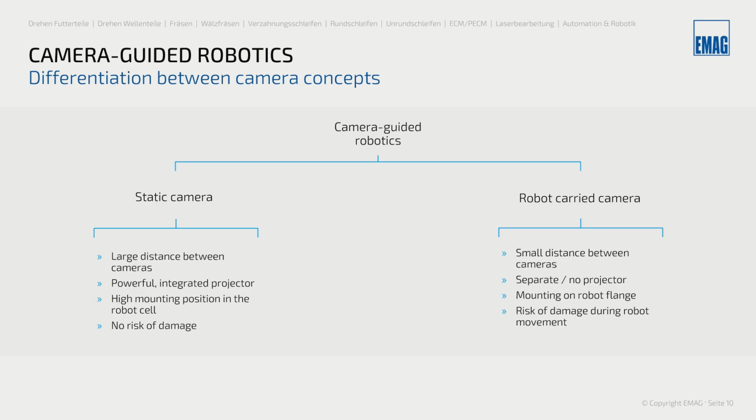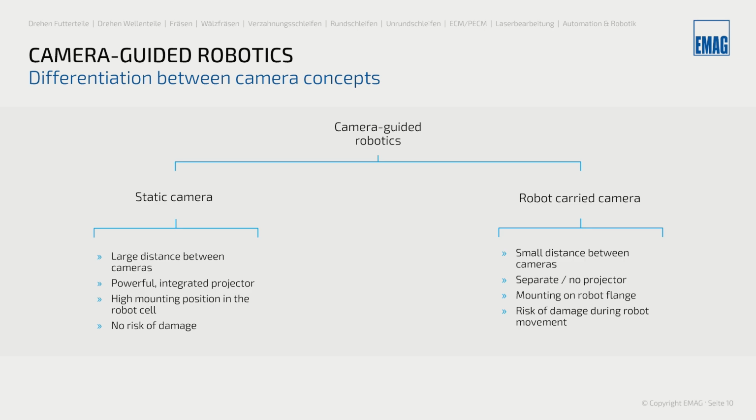For static cameras, we can place them very high in the automation cell where we do have enough room to give the cameras themselves large distances between each other. We can integrate a powerful projector for the strip light projection, and due to the high mounting position, we do not have any risk of damaging the camera during the automation process.